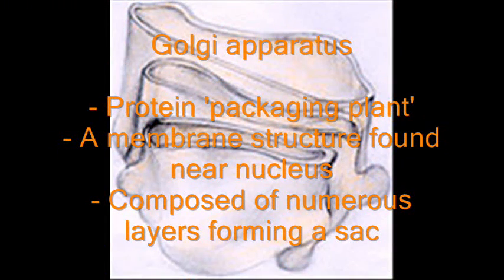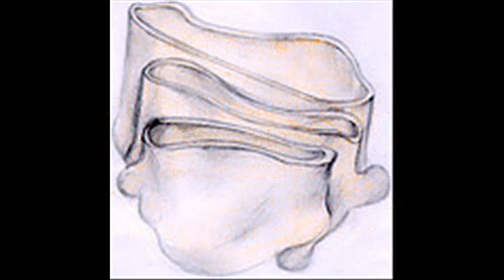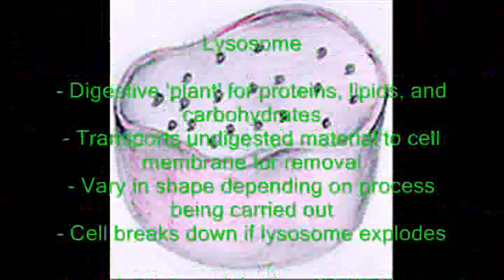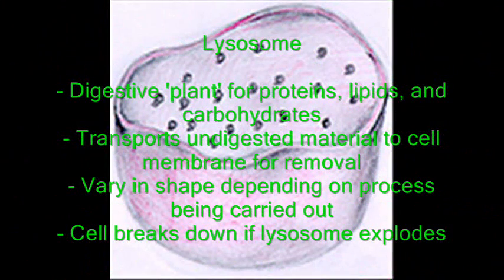Golgi complex, the protein packaging plant, a membrane structure found near the nucleus, composed of layers formed by, I didn't see it. This is the lysosomes. Please read.